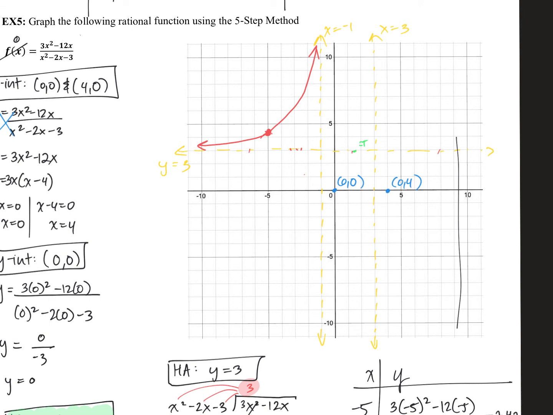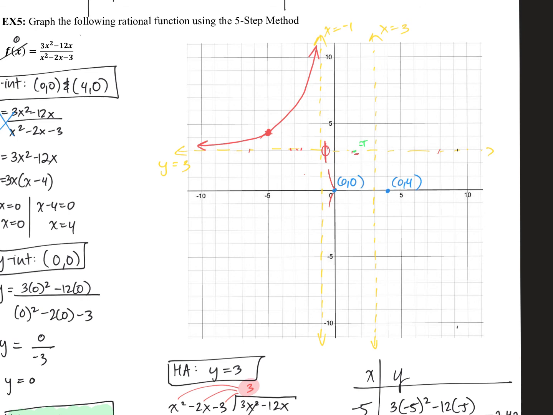For the middle one, do we have enough information to graph, or do we need to pick a test point? Well, I think we might have enough information to graph. If we look at the point 0, 0, we could go up or we could go down. However, if I was to go up, it would have to cross my asymptote there, which I know it doesn't.